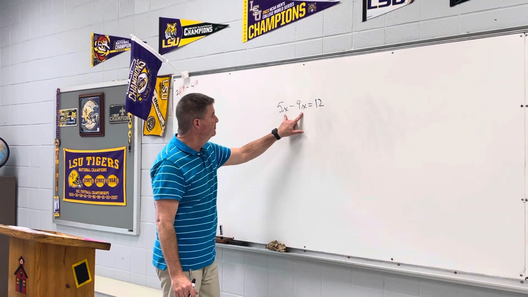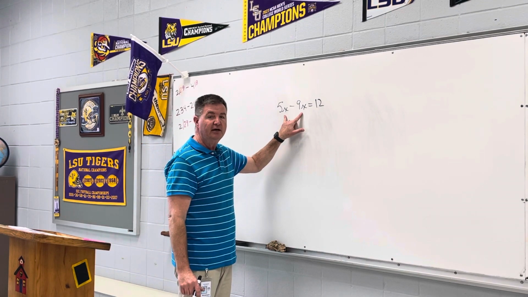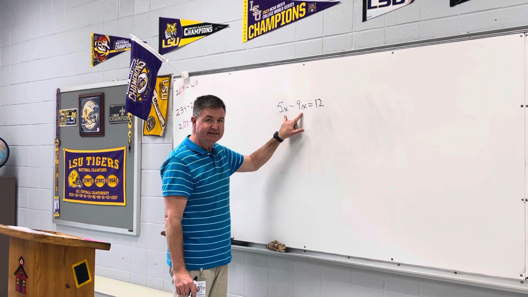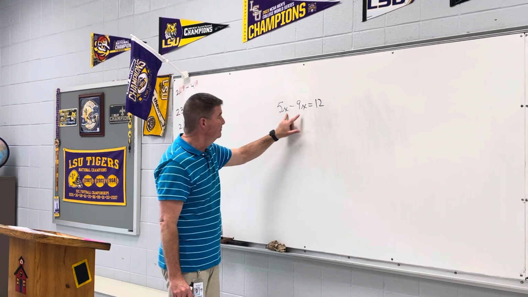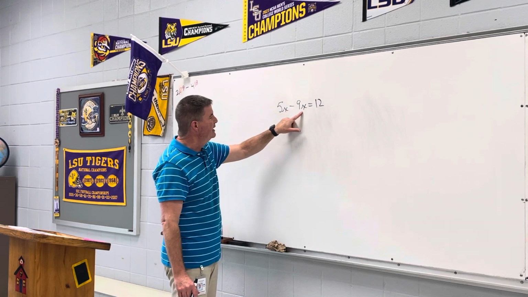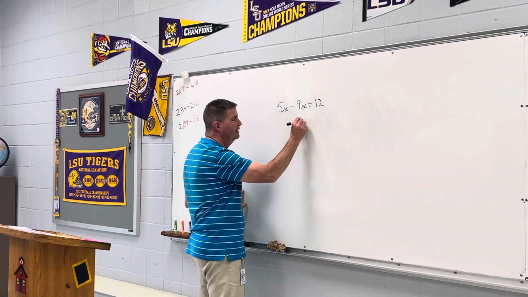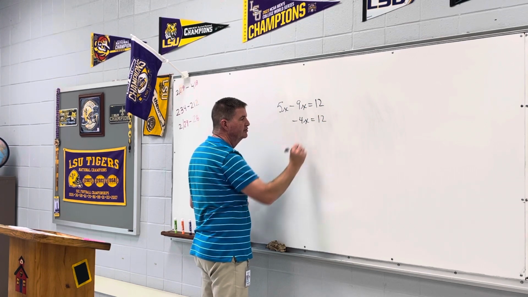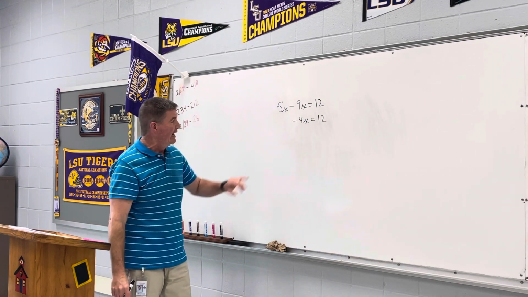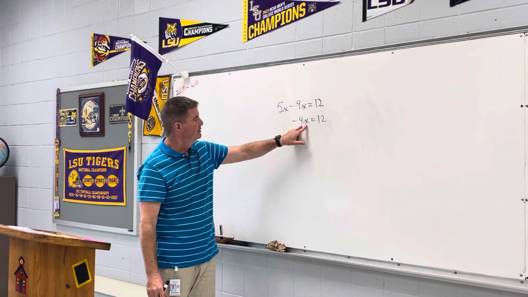Since I have 2 of them here, I'm going to do something called combining like terms. Since these are both the same thing, I can combine them. So 5x minus 9x gives me negative 4x, equals doesn't go anywhere, bring the 12 down. I went from 2 variables down to 1 by combining them.